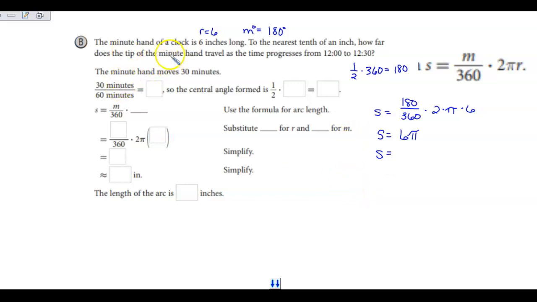And it said to round it to the nearest tenth. So it says here 1/10 of an inch. So we're going to take 18.8, and that was in inches. So we're going to get 18.8 inches for the length of the arc from 12 o'clock to 12:30.